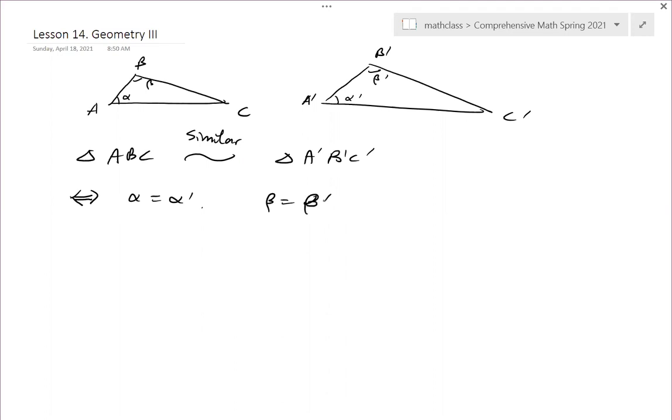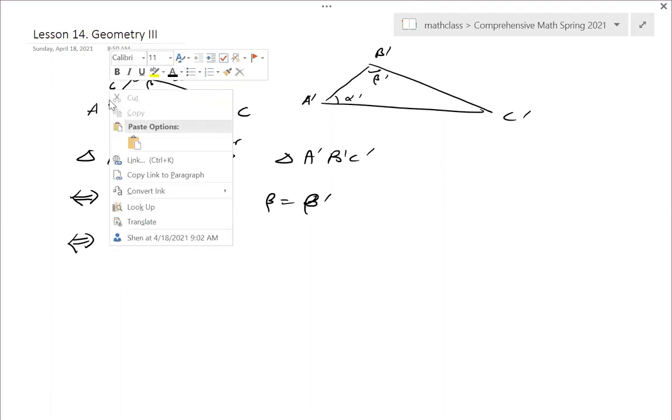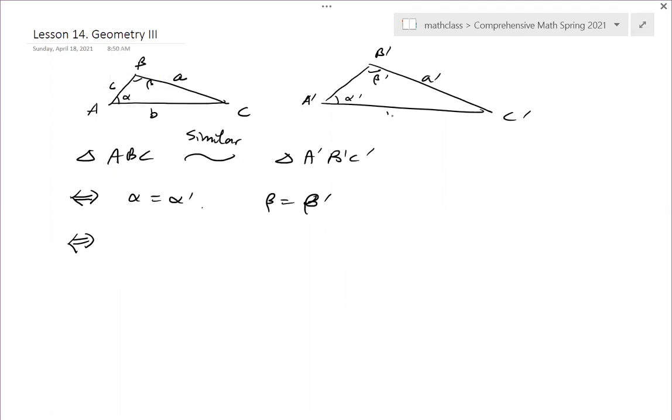Now, this is also equivalent to saying that if this side is a, here's b, here's c, and this is a prime, b prime, c prime, then if and only if the ratios of the corresponding sides are equal: b over b prime equals c over c prime.